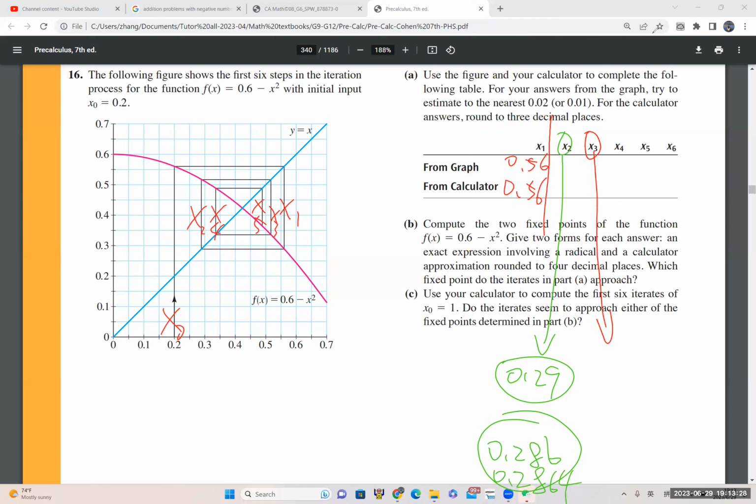Right, now it's your turn for x3. You can just write about here: graph value, calculator value. I'll say it's around 0.52. Could you write in each circle? Yeah, it's about 0.52. Then how about the value from the calculator?